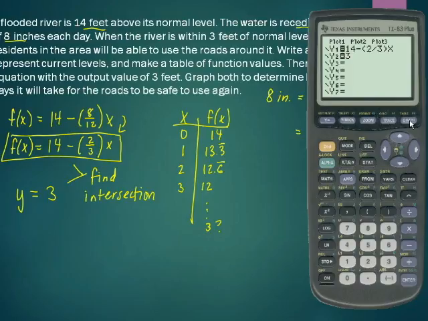So now we can graph that, and in my current 10 by 10 window, I can't actually see where the intersection is, so I'm going to go to my window, and I'm going to extend my x maximum to 20, just doubling that to see if I can see it, and I'm also going to make the y maximum a little bit bigger. I'll just make that go to 15.